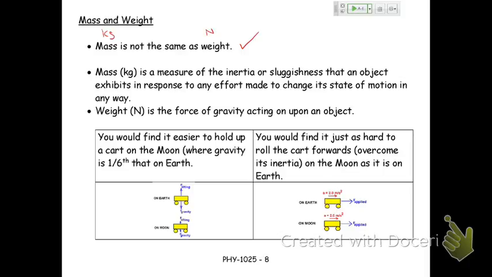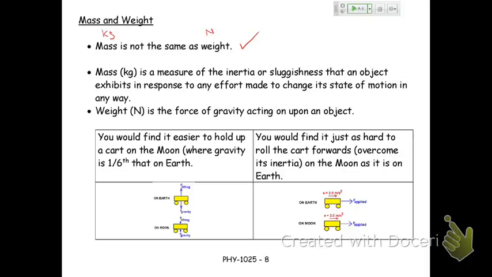Mass is a measure of the inertia, or the sluggishness, that an object exhibits in response to any effort made to change its state of motion in any way. Weight is the force of gravity acting on an object. They're really quite different things. Weight only works in the direction of gravity, but mass works in all directions.